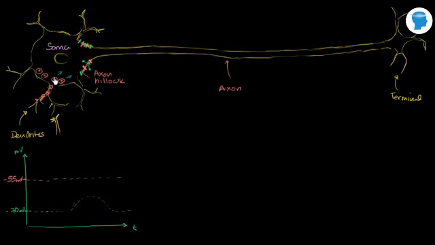So maybe that stimulus by itself didn't trigger it, but let's say that there's another stimulus that happens right at the same time or around the same time. And on its own, that might have caused a similar type of bump right over here. But when you add the two together and they're happening at the same time, their combined bumps are enough to trigger an action potential in the hillock, or a series of action potentials in the hillock.